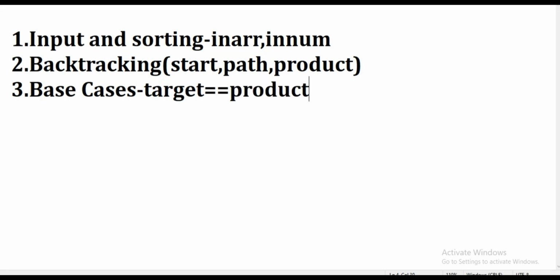This is our second step. And the third step is the base cases. The backtracking function uses two main conditions to decide what to do. The first condition is if the product of the numbers in the current combination is equal to the target innum, then the combination is valid.